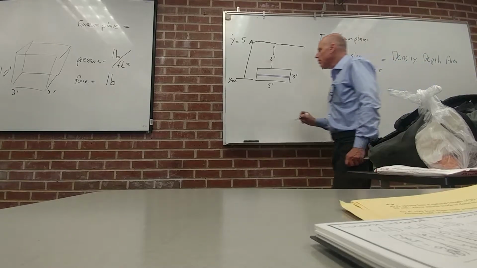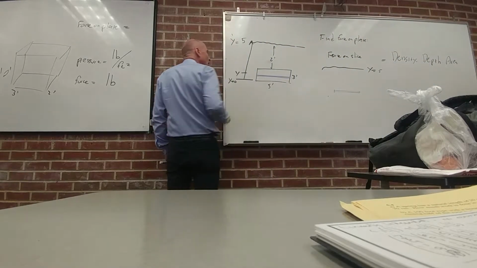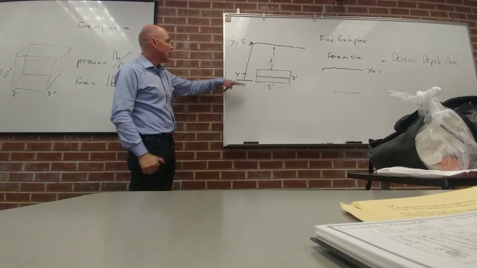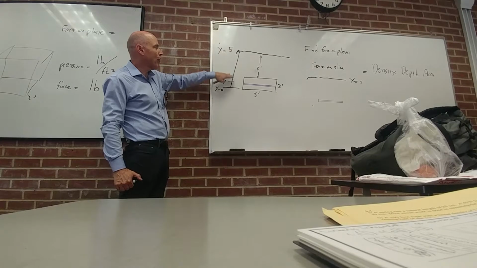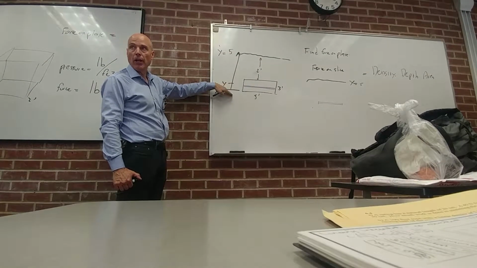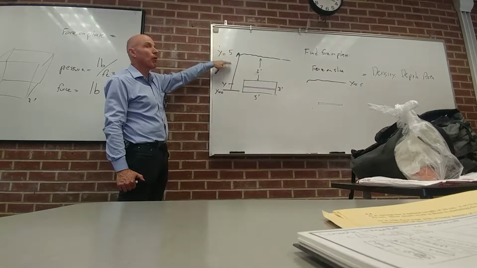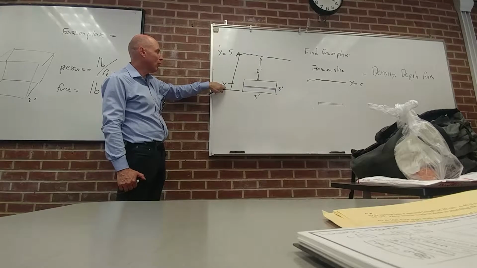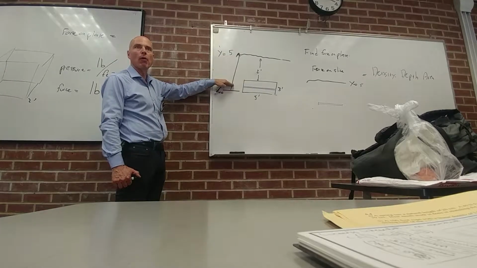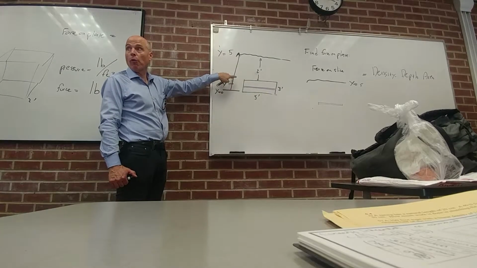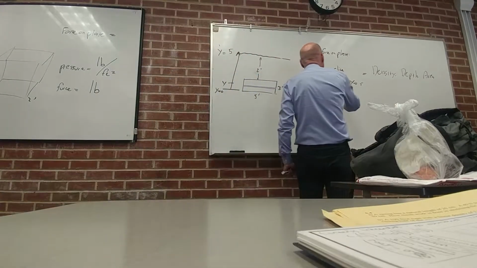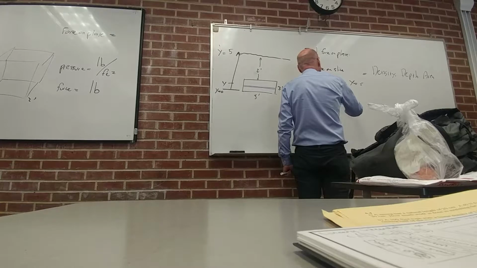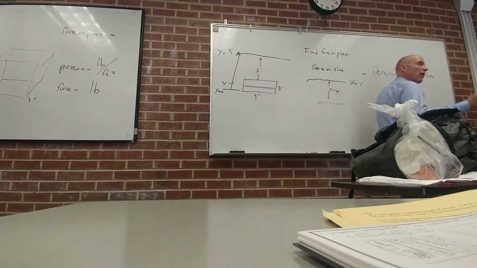Okay, so the depth: if I went up by 1, that would be 4 feet under the water. If I went up by 2, that would be 3 feet under the water. In general, if I went up by a generic amount y, how far under the water am I? 5 minus y or y minus 5? 5 minus y. It's always the big one minus the small one.